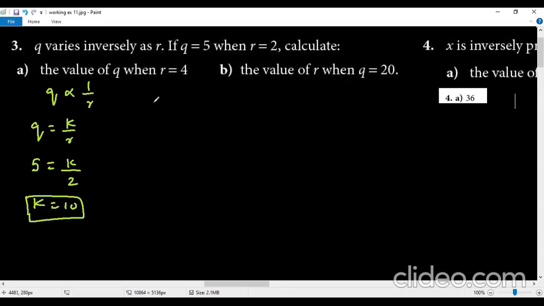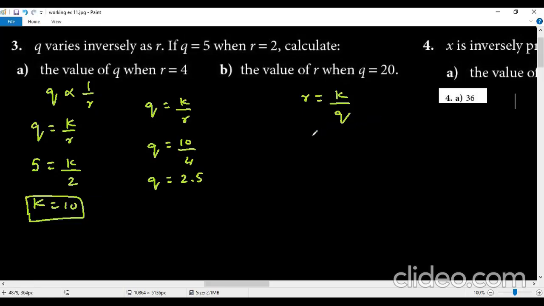The formula I will write for the first one, q equals k over r, and here I will write r equals k over q. So the value of k is 10 and the value of r is 4, that means q equals 2.5.